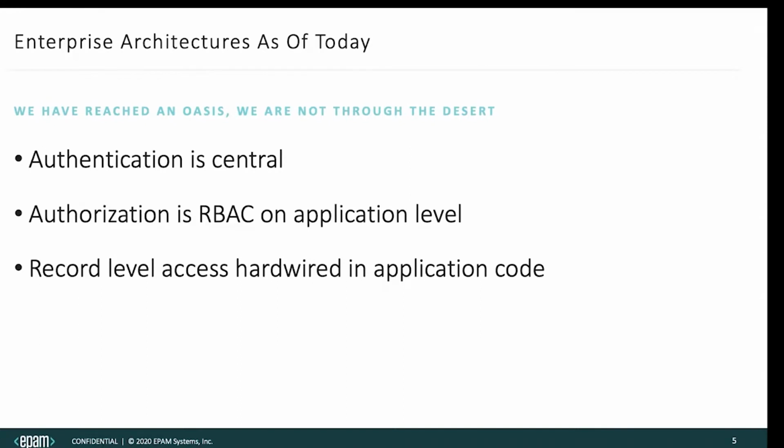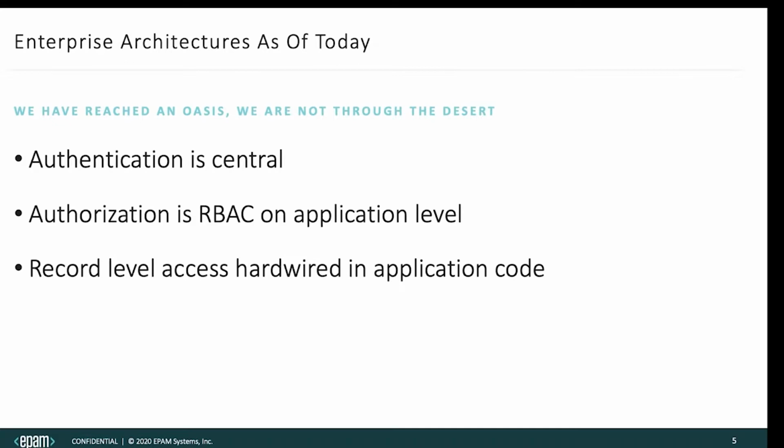Authorization is role-based access control. Usually when somebody is using the system, like a client advisor or a bookkeeper, they have some kind of role based on their role in the enterprise, and then there is some role assigned to them in the system.